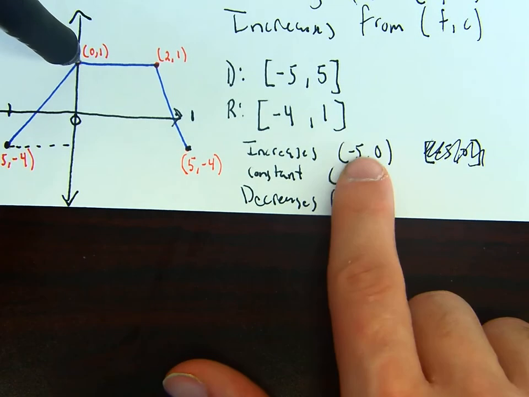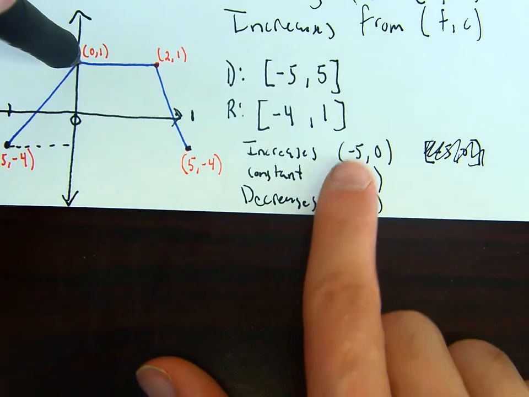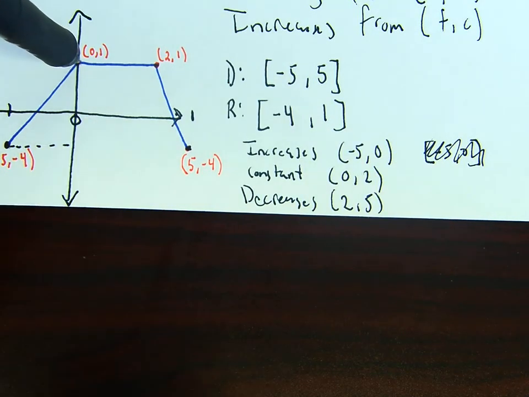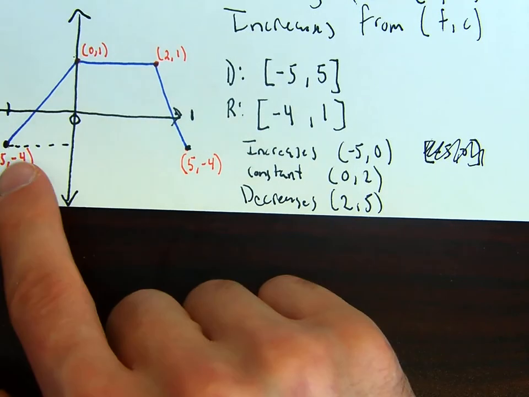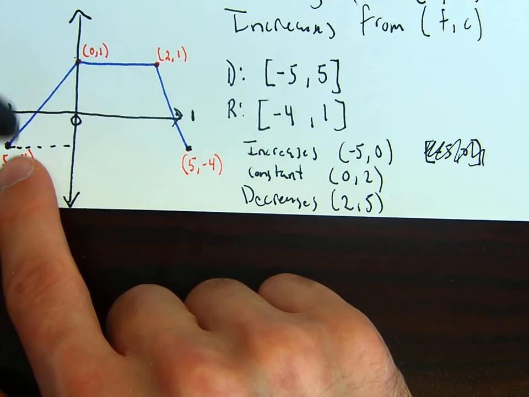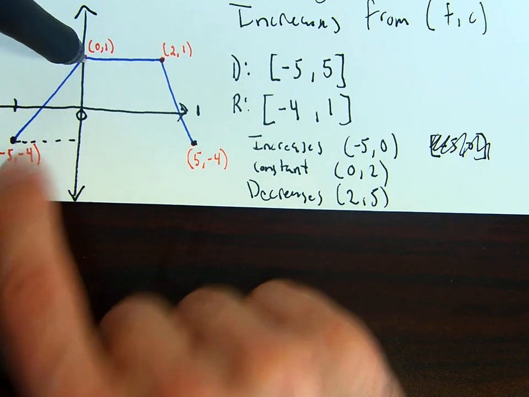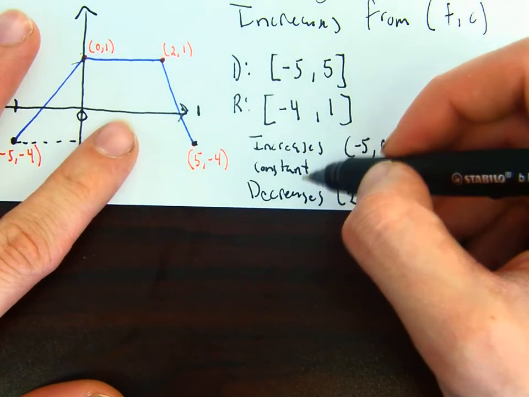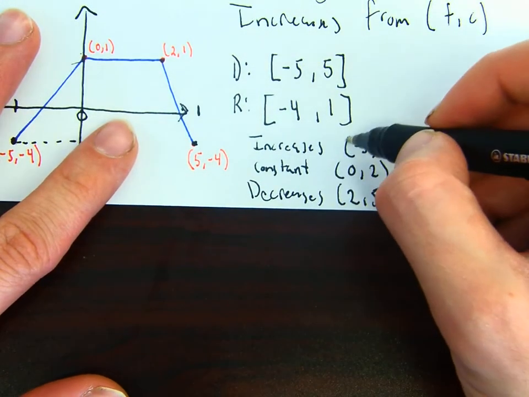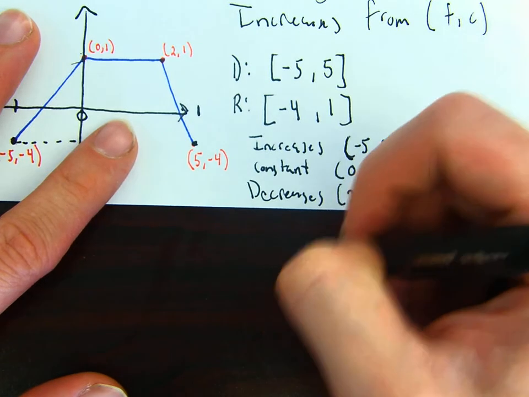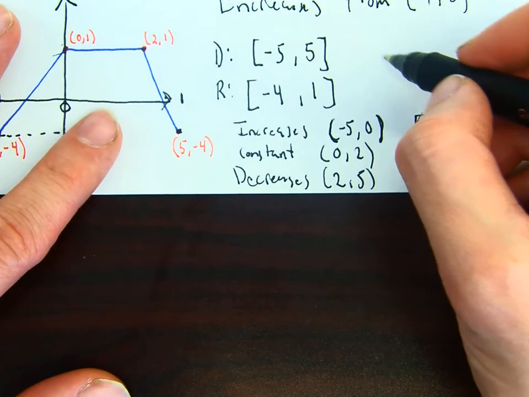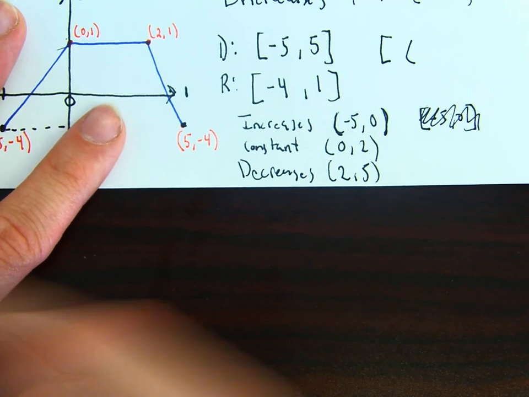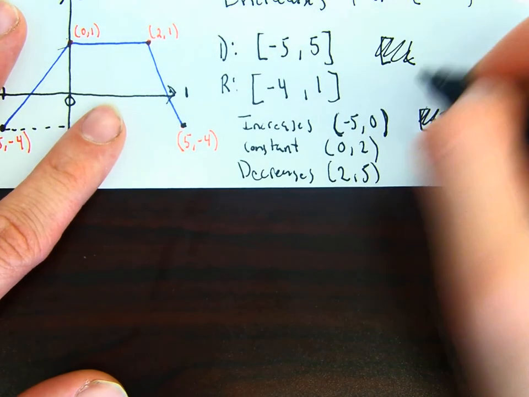When we talk about the interval over here, we're saying that in between -5 and 0, the graph is increasing, but not at the point of -5 and not at the point of 0. So when we're talking about whether the graph is increasing or decreasing, we're always going to show parentheses. But with domain and range, we could have brackets or parentheses. I'll try and explain this further in class.